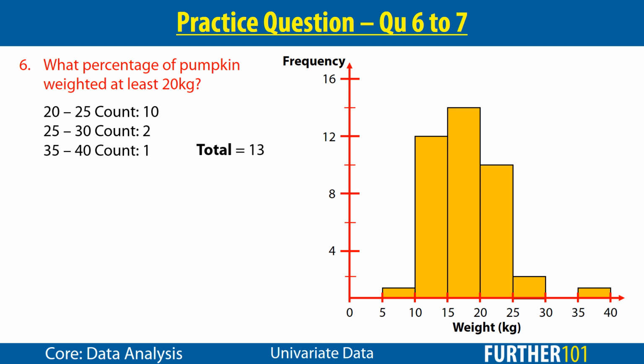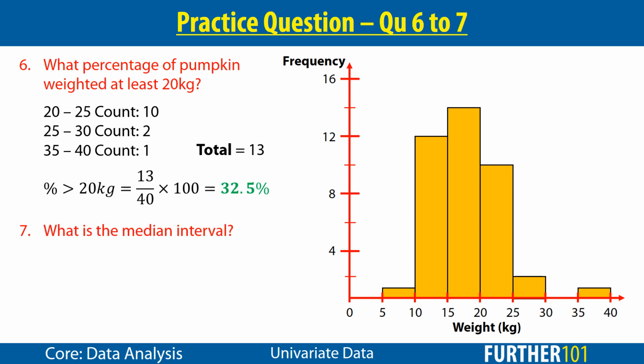Now that's a total of 13 pumpkins greater than 20 kilos. If we go back to our count to percentage formula, we take that total, divide it by the total of the whole numerical variable, and multiply it by 100. And we can see that 32.5% of the pumpkins were greater than 20 kilograms.